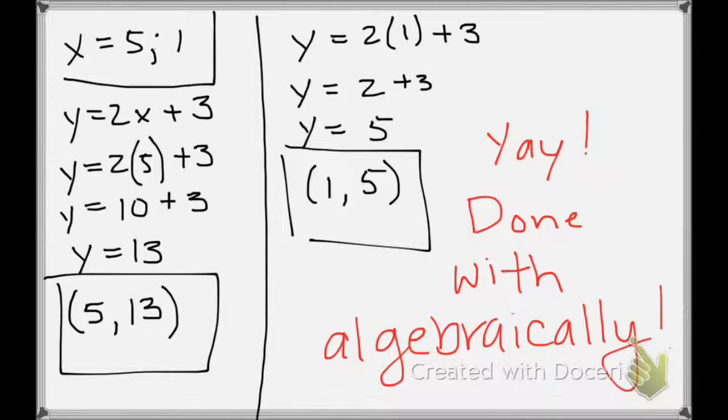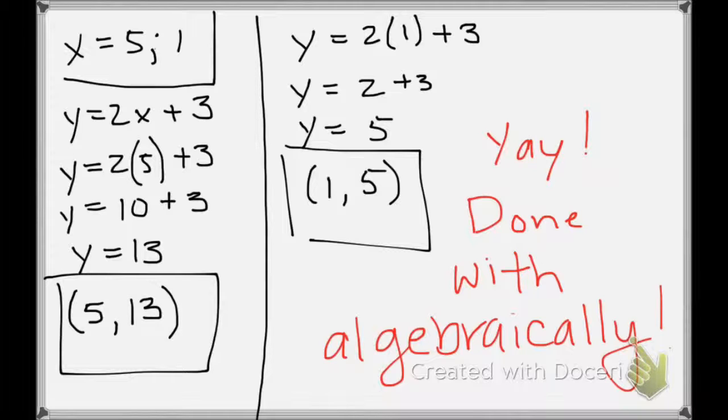So y = 2 times 5 + 3. 2 times 5 becomes 10, so y = 10 + 3. And then you add those two together, and y = 13. And so you found one point of intersection, which is (5, 13).